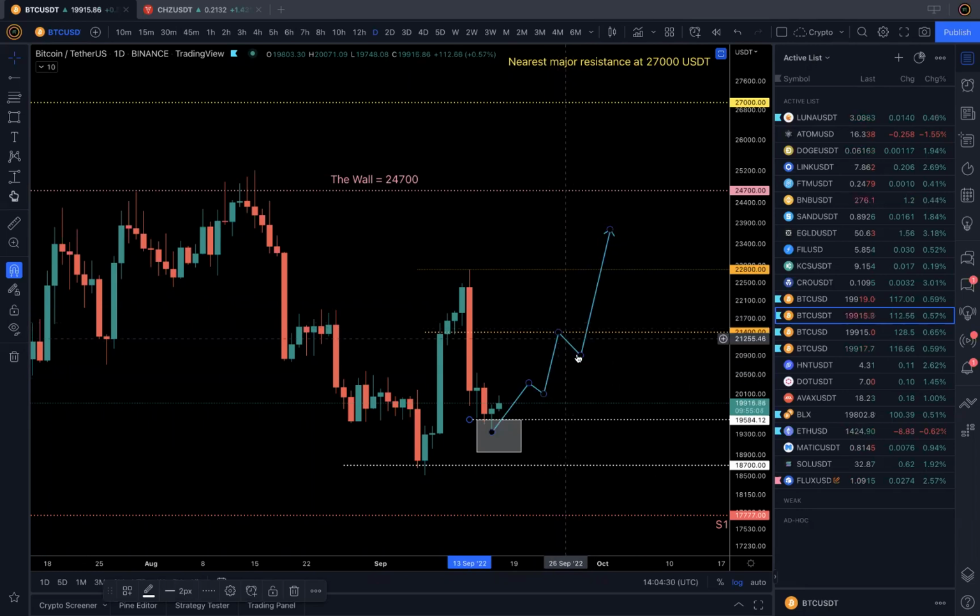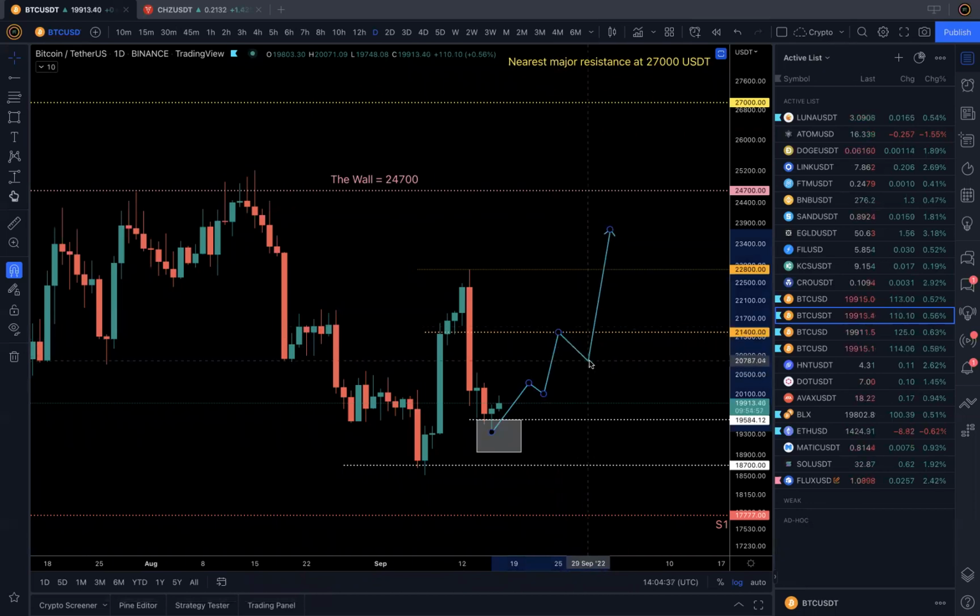And then again dip, or maybe sideways consolidation like this, or it could be as deep as this much. But here the price level is not important. This is a potential path that we have depicted. So the shape is more important.